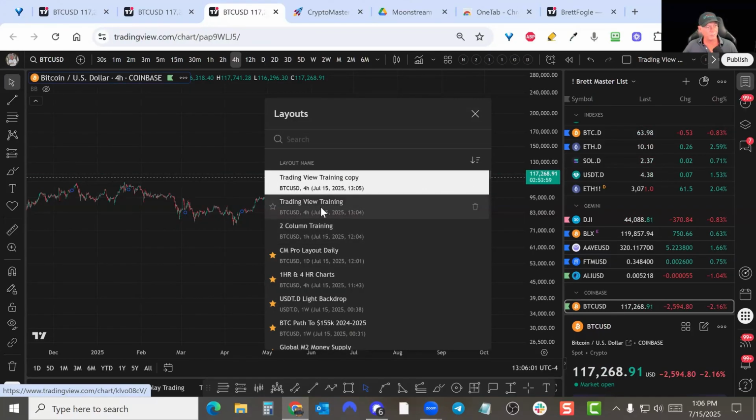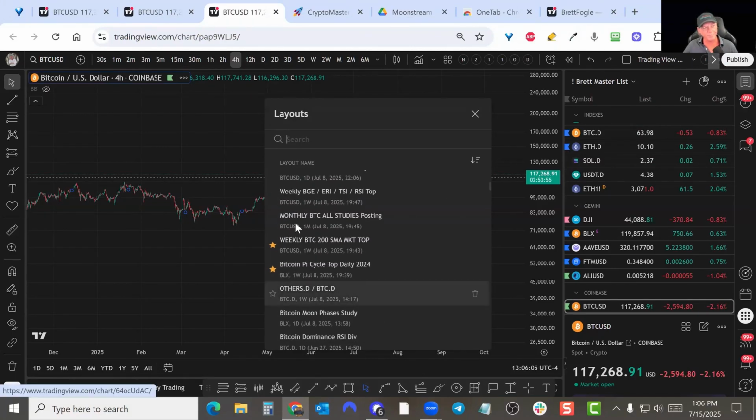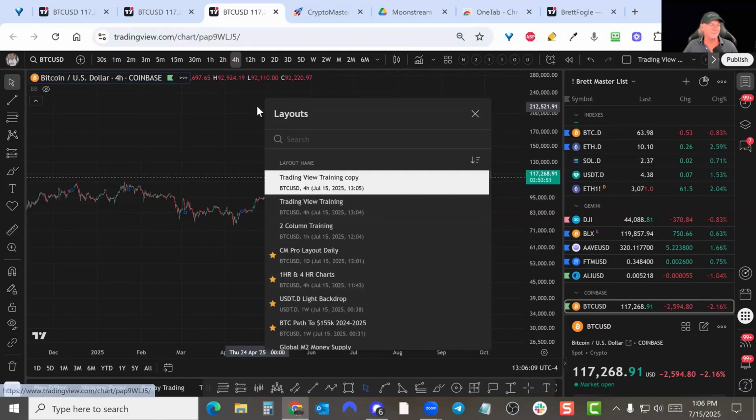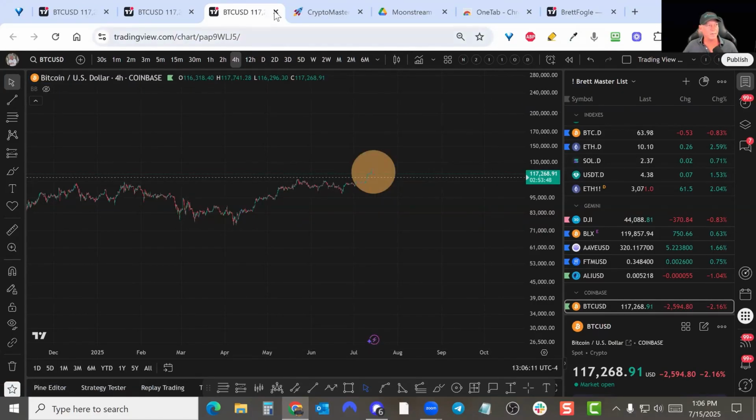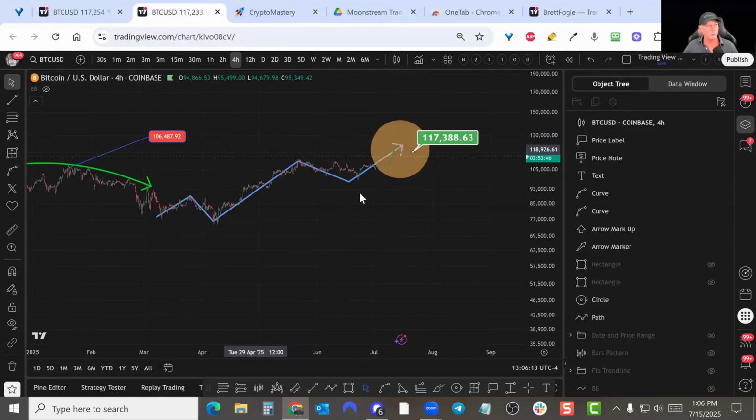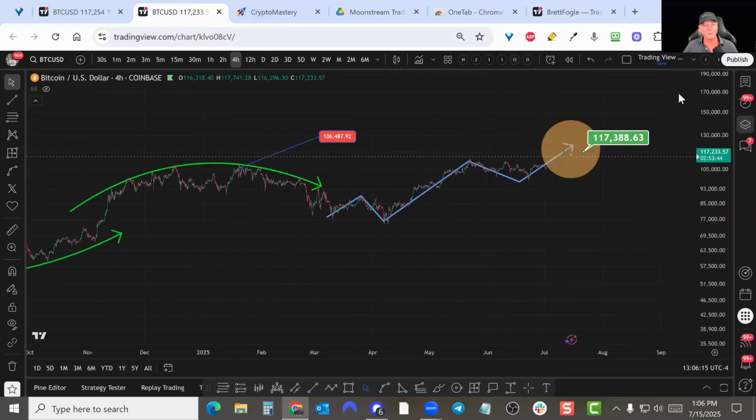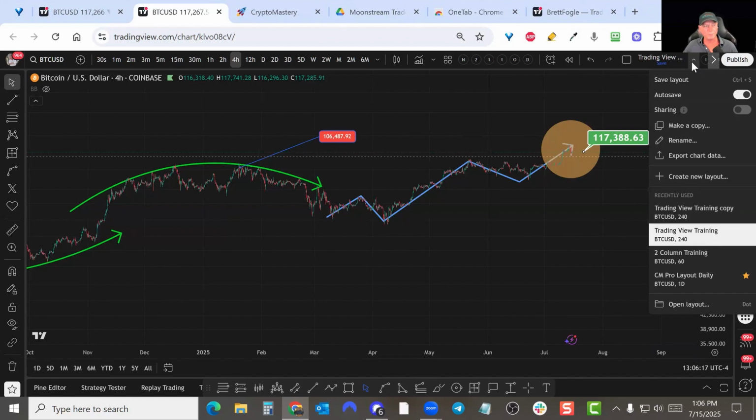So TradingView training, 2 columns, CMA Pro, and I can even search for them and do favorites, etc. All right. So with that in mind, I'm going to delete that one. I don't really want it. We're going to go into a new chart, and what I'm pushing closer toward is the multiple layouts.